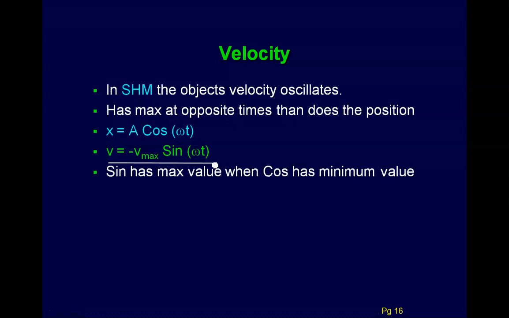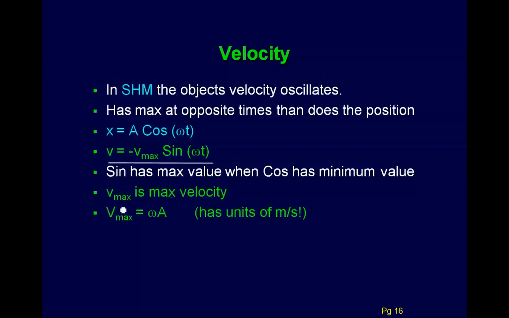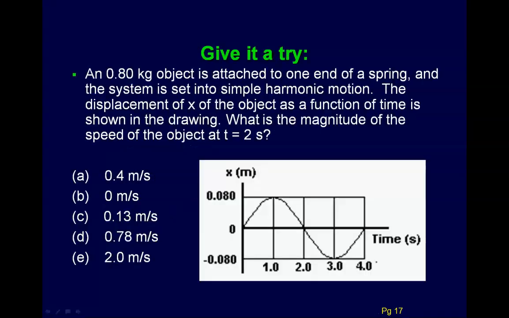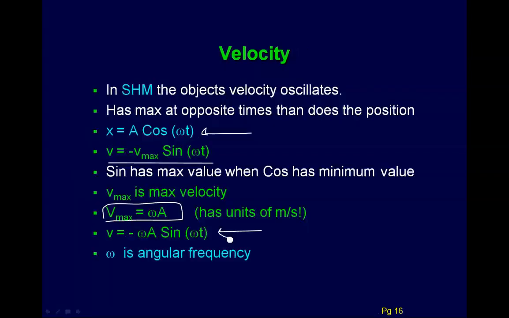So sine has a max value when cosine has a minimum value in general. This v max is the maximum velocity, and if you solve for it, you get an equation which is omega times A, which, if you figure that out, has units of meters per second. And so our official equation would look something like this. So if your position equation looks like this, then your velocity equation would be a sine function. Again, omega is the angular frequency.